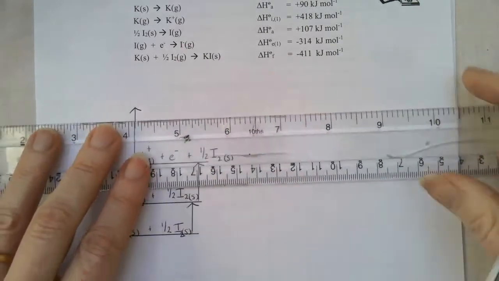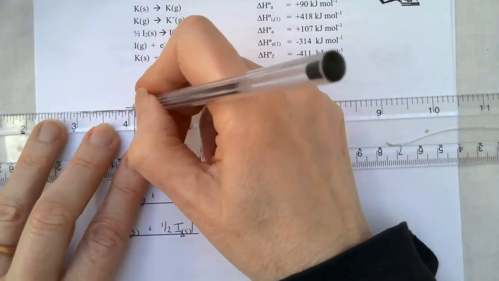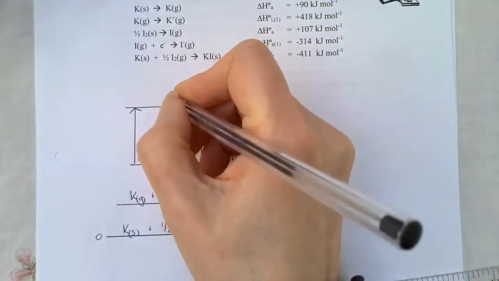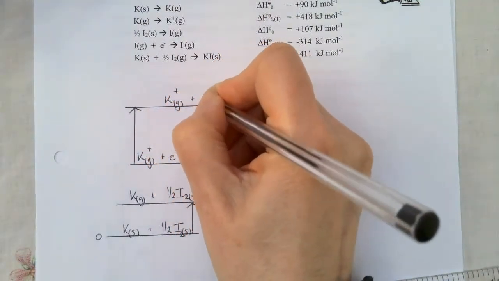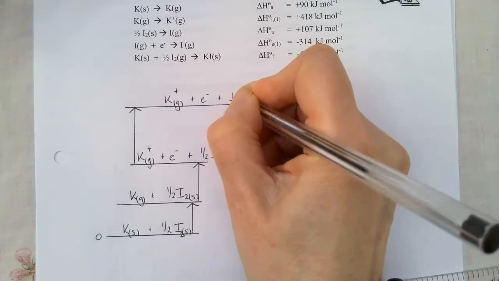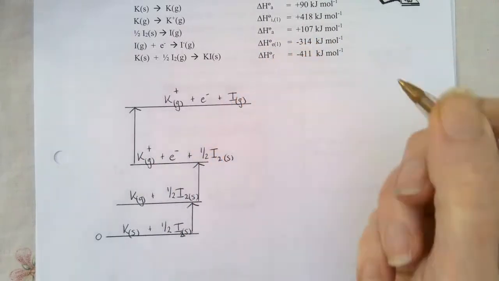I'm going to turn that, and I've now got my potassium gaseous ions, and my electron, and I've now got my iodine gaseous.